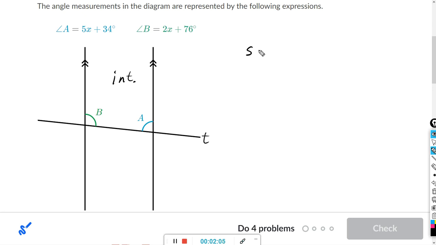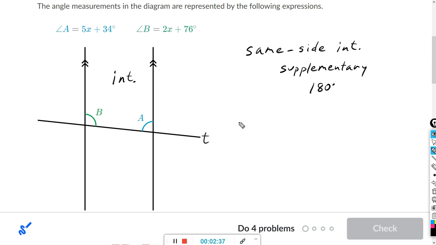So A and B are considered same side interior. And we said before that same side interiors are supplementary angles. That means they add up to 180 degrees. So all we have to do is add A and B and set it equal to 180.